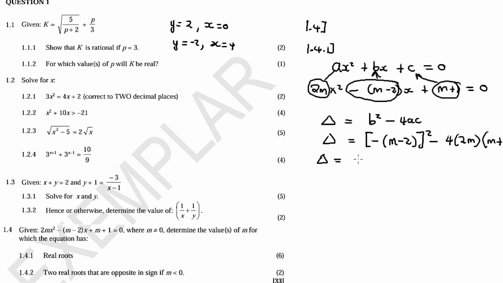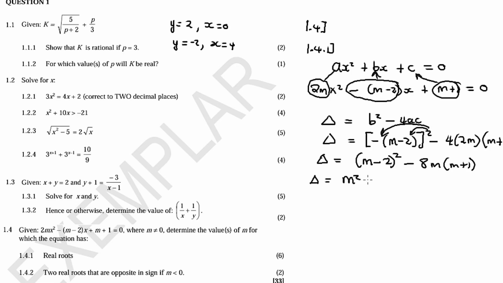Discriminant is equal to, here we simply have (m minus 2) squared. The square makes the negative in front of the bracket become positive. Then minus 4 times 2, that's 8m, times (m plus 1). Now simplify as far as we can.